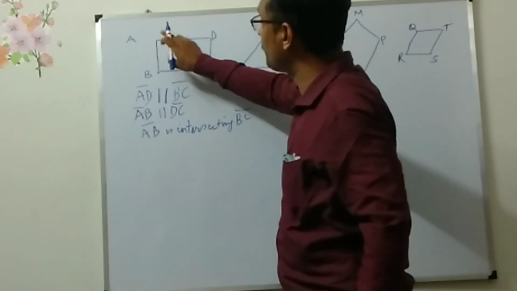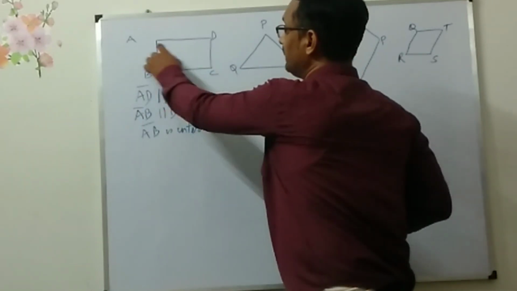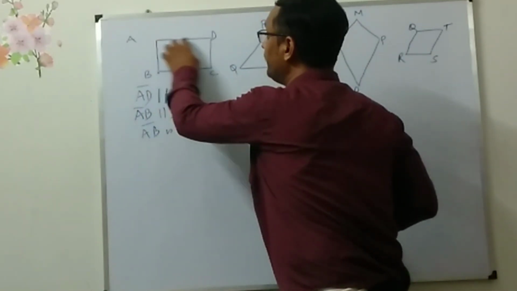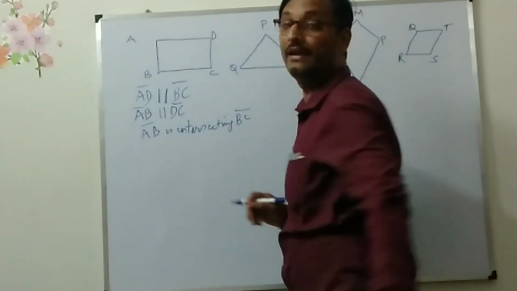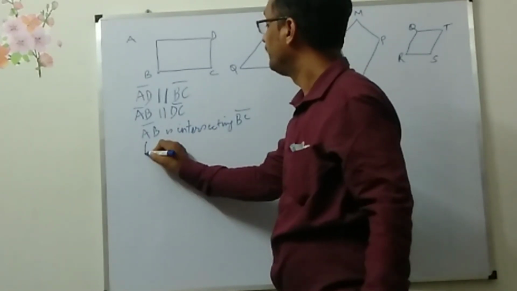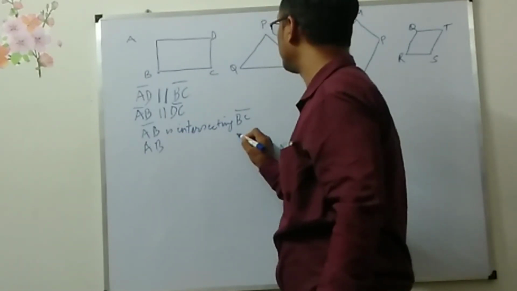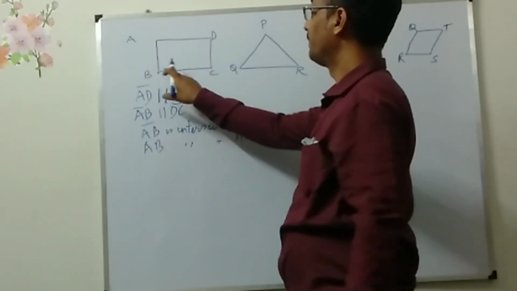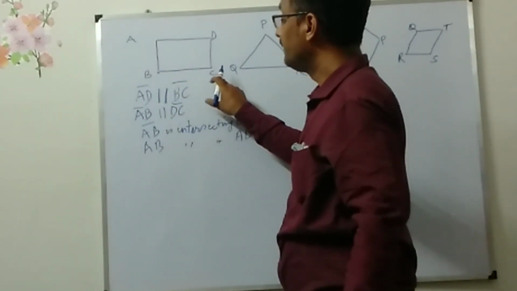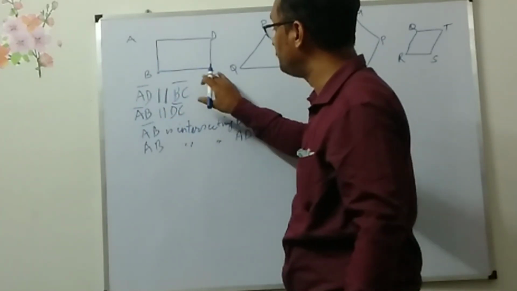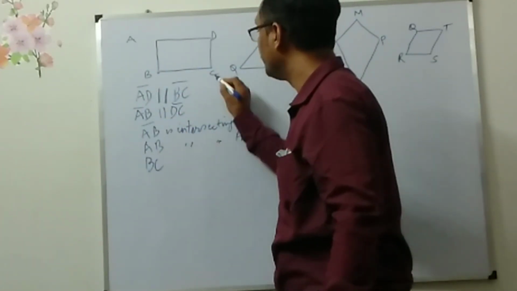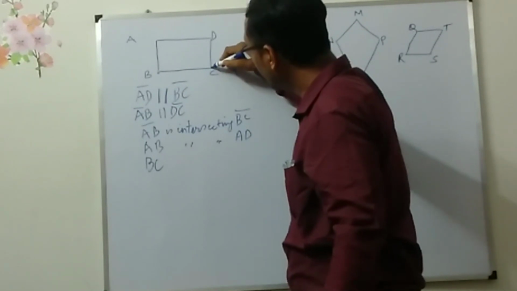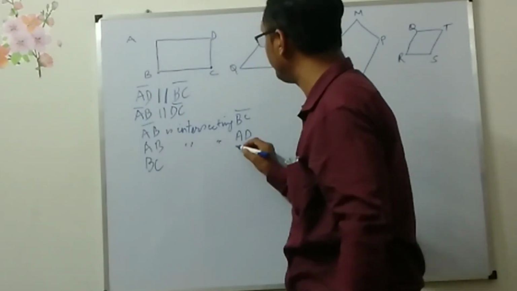What is another common point in this one? AB and AD are having a common point. AB is intersecting AD. Same. What is intersecting of this BC? See, BC is having one common point with DC.